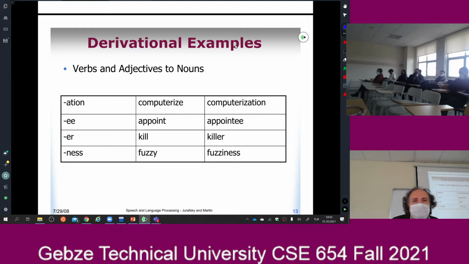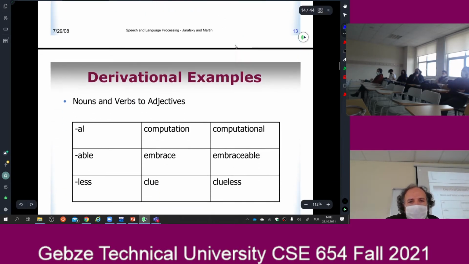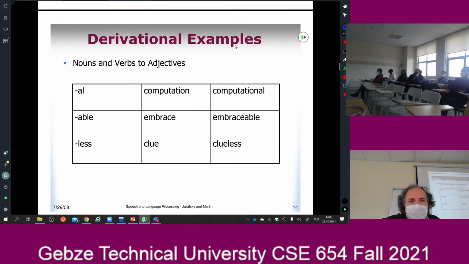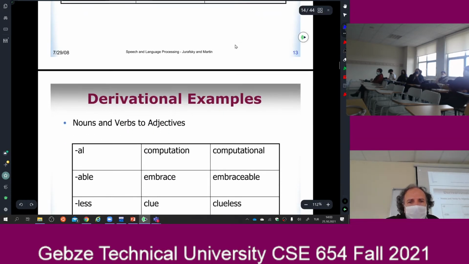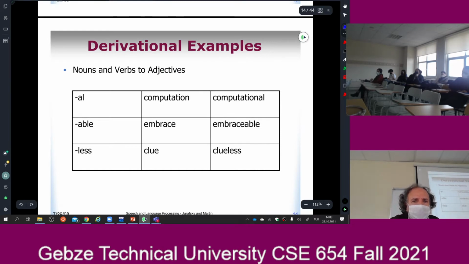Okay, so these are some derivational examples, and these are for verbs and adjectives to nouns, and these are nouns and verbs and adjectives. Okay, computational. So in this regard, English is maybe as complicated as Turkish in terms of derivational morphology.